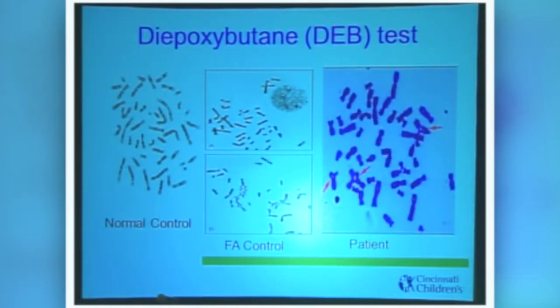On the left is the normal control, so normal chromosomes will look like this. You have the FA control, somebody who is already a known FA patient, and this was my patient whose chromosomes looked like the FA patient, and that's how, once exposed to DEB, it showed all the chromosome radials, rearrangements, and was diagnosed.